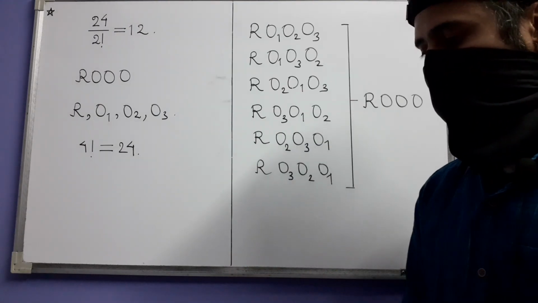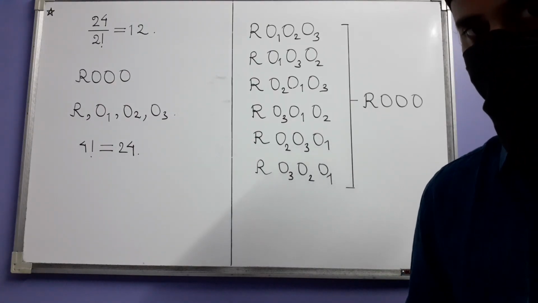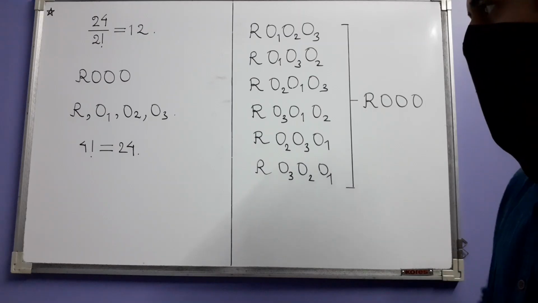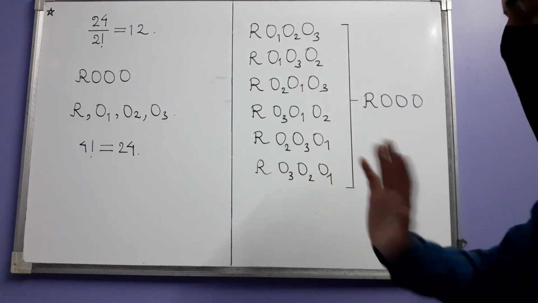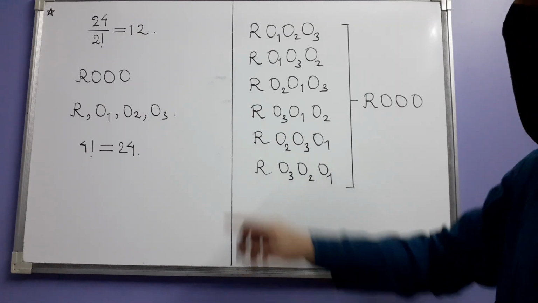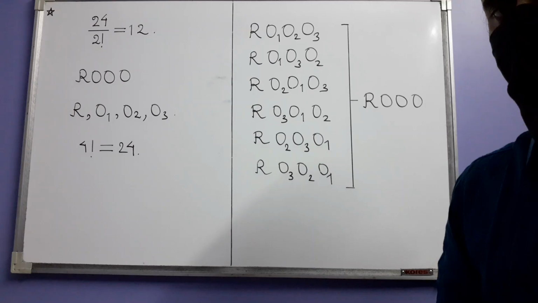Now in this case also, of course, all you have to see is how many times things are getting repeated, that's all. Among these 24 permutations, you will have these 6 also, where the word starts with R and then you have 3 O's.